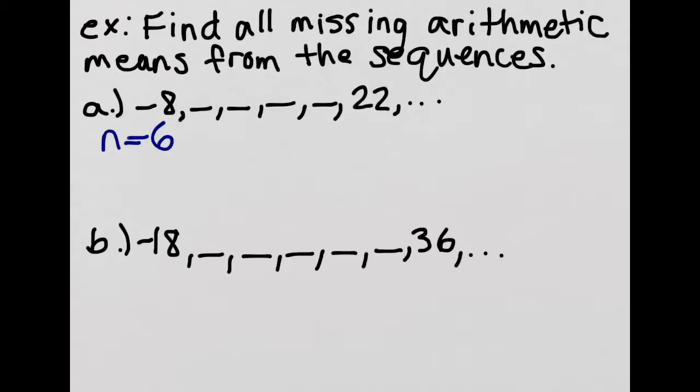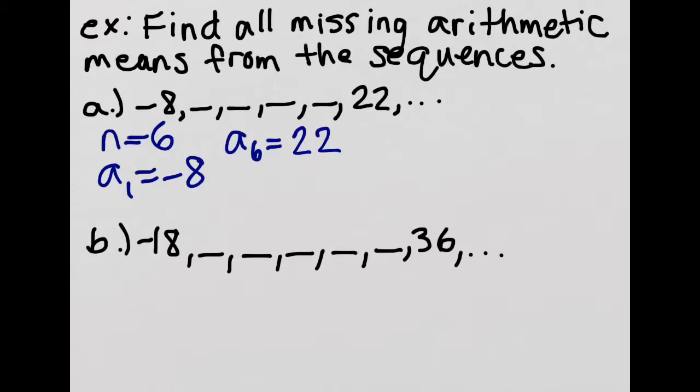We know what our first term is. Our first term is negative 8. And we know what our last term is, at least for the purpose of what we're doing. And usually a of n is your last term. In this case, it's a of 6 because it's the 6th term. So we know the 6th term is 22.